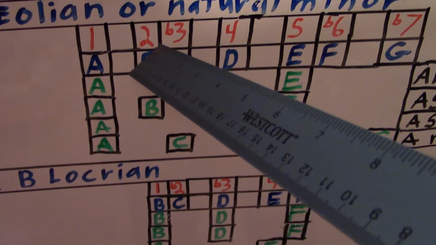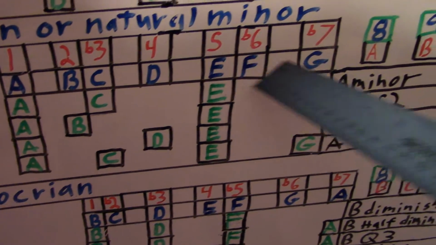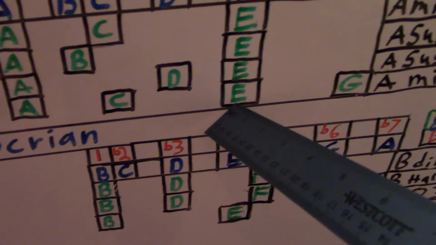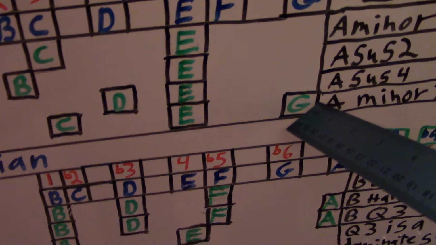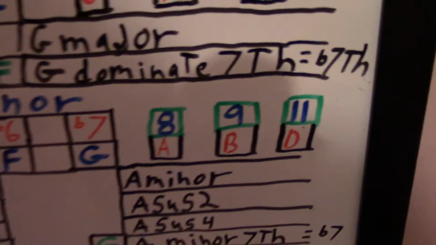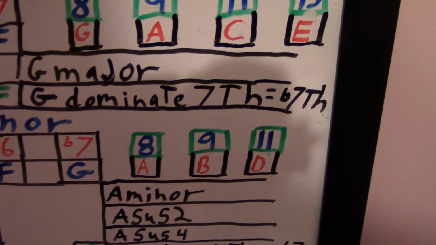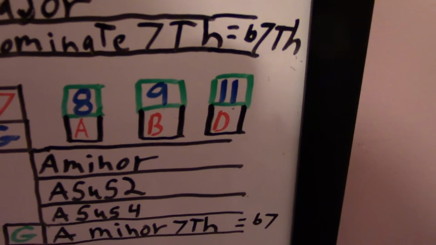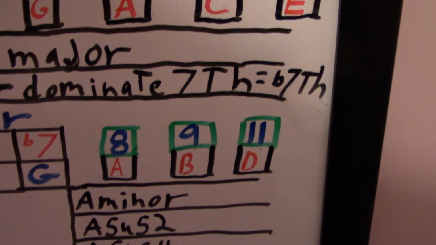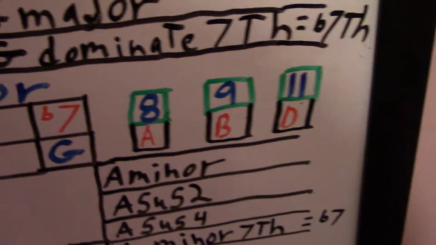Root, flat third, fifth, and a flat 7. So you have A, C, E, and G. Making sense, everybody? Now there's the 8th, 9th, and 11th intervals and notes of the Aeolian scale, or A minor. Same thing.